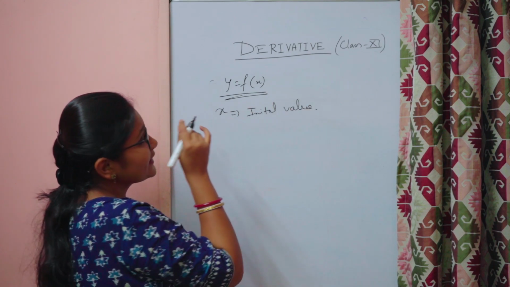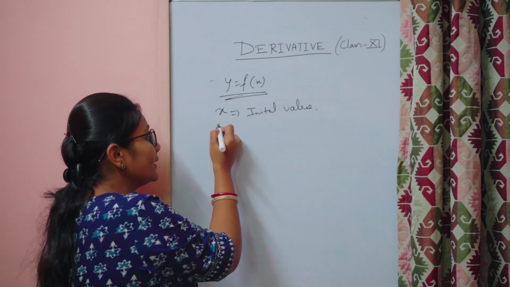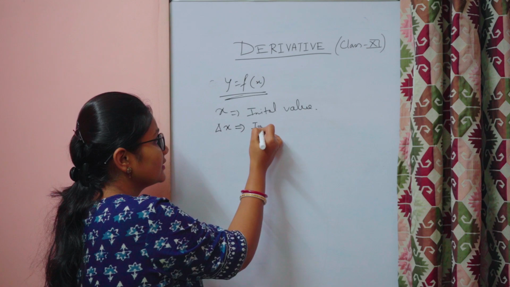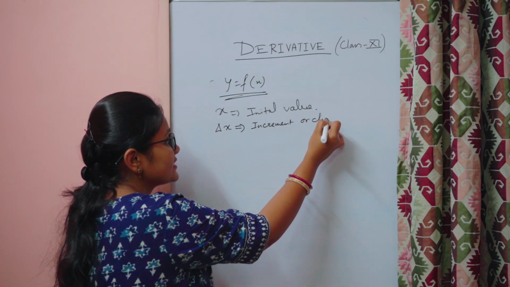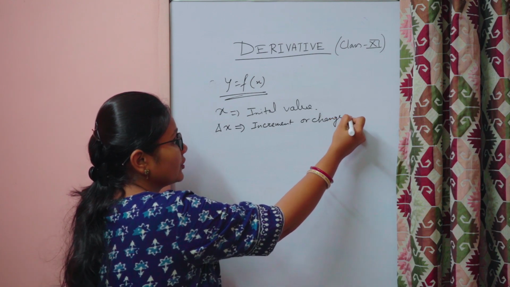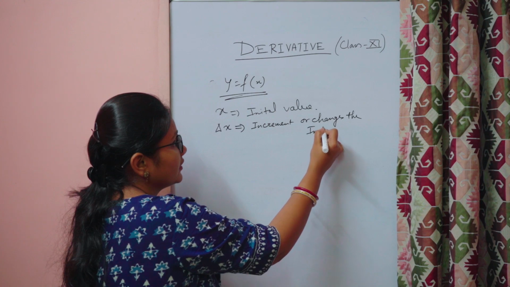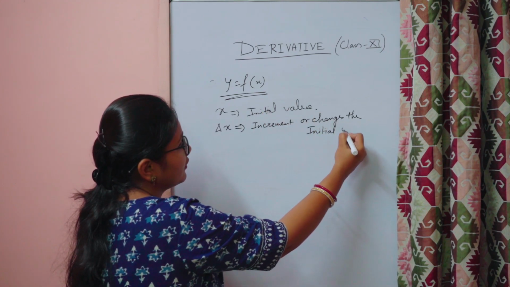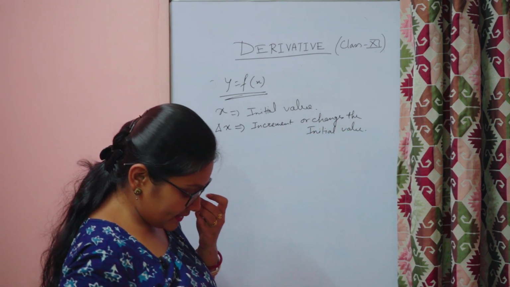Now we can say that the change is minor. That will be denoted as del x. This is the increment or change in the initial value.